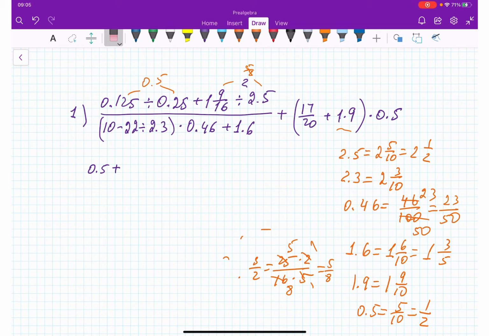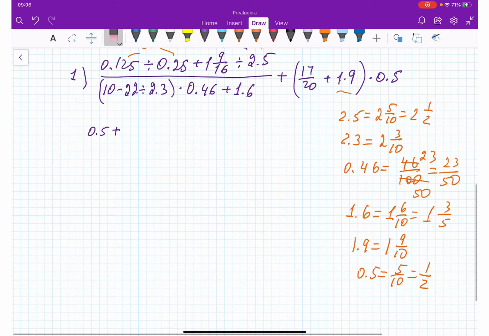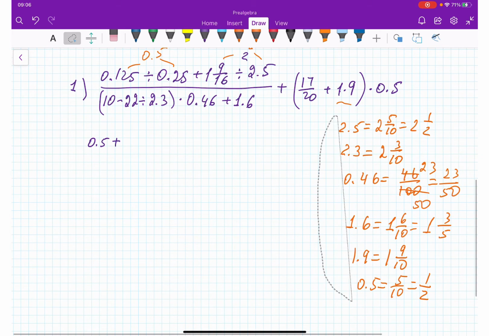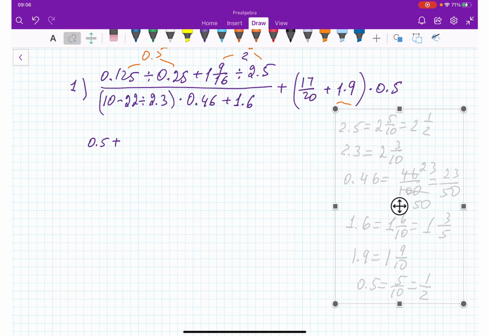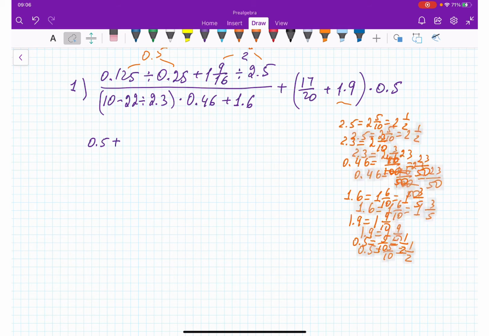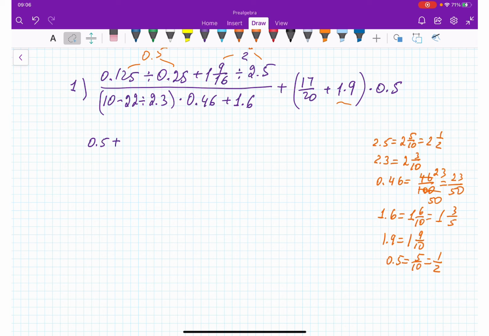Okay. Let me make this compact, so as not to occupy too much space. There we go. So plus, it's going to be 5 over 8 and divided by, so 22 divided by 2.3, it's going to be 22 divided by 2 3/10, right?